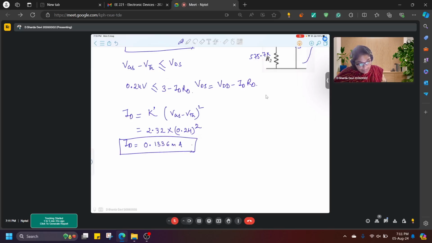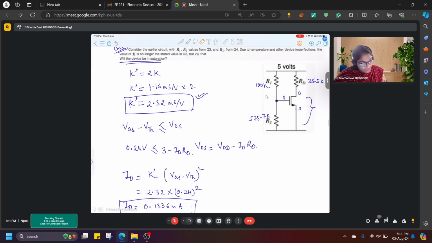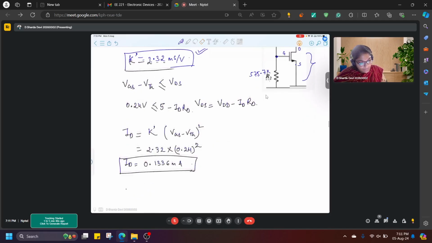Now with this ID we have to find VDS. The VDD is 5.